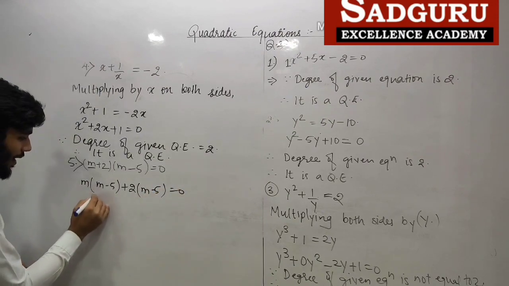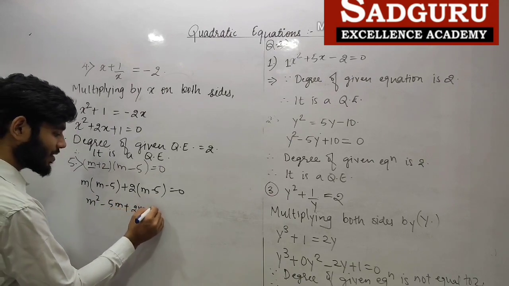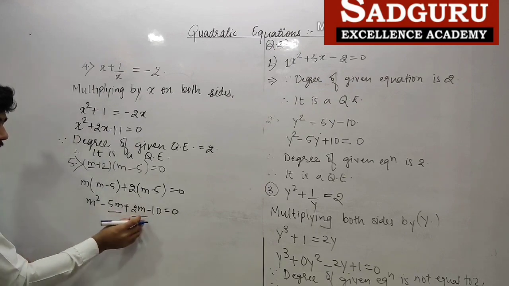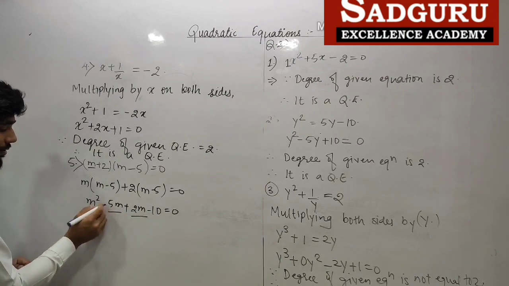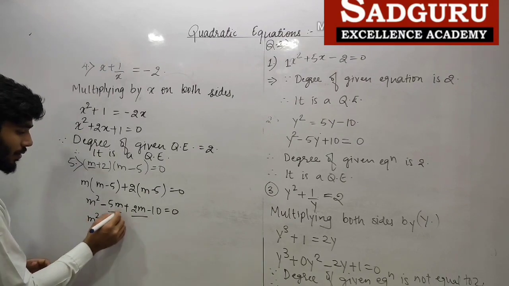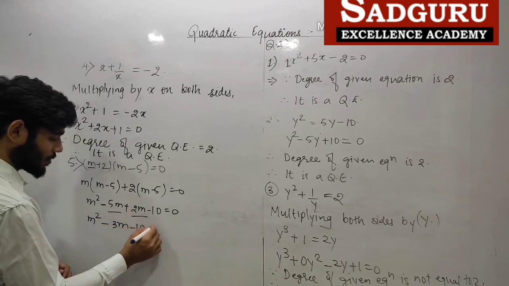So m times m becomes m square minus 5m plus 2m minus 10 equals 0. Like terms, 5m and 2m, but here it is a negative sign. So negative and positive becomes negative. So after subtracting we get m square minus 3m minus 10 equal to 0.